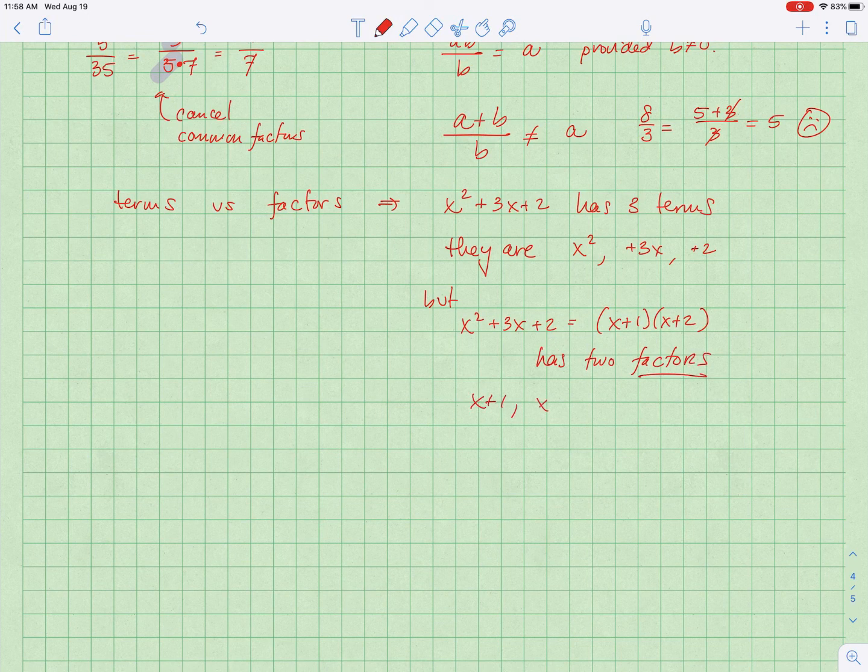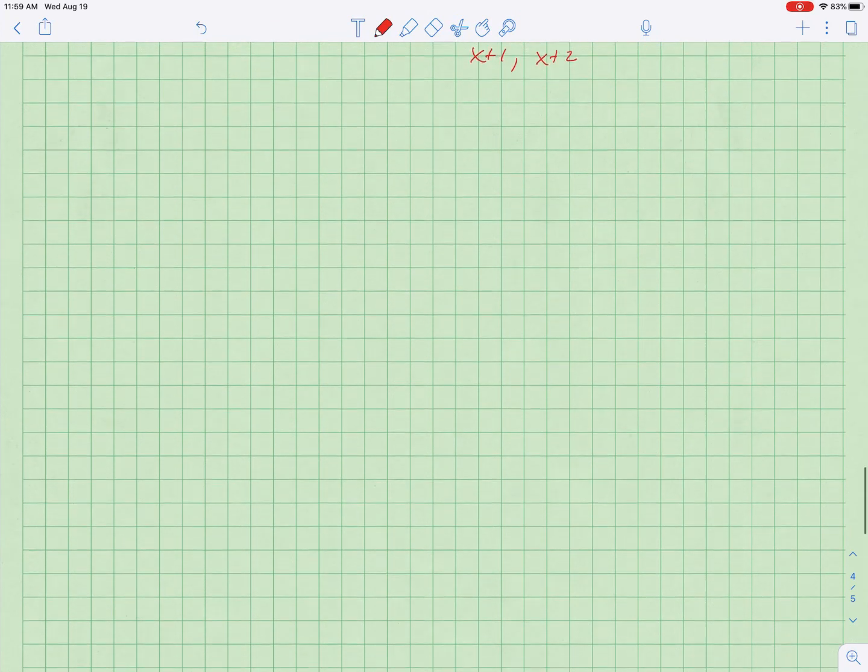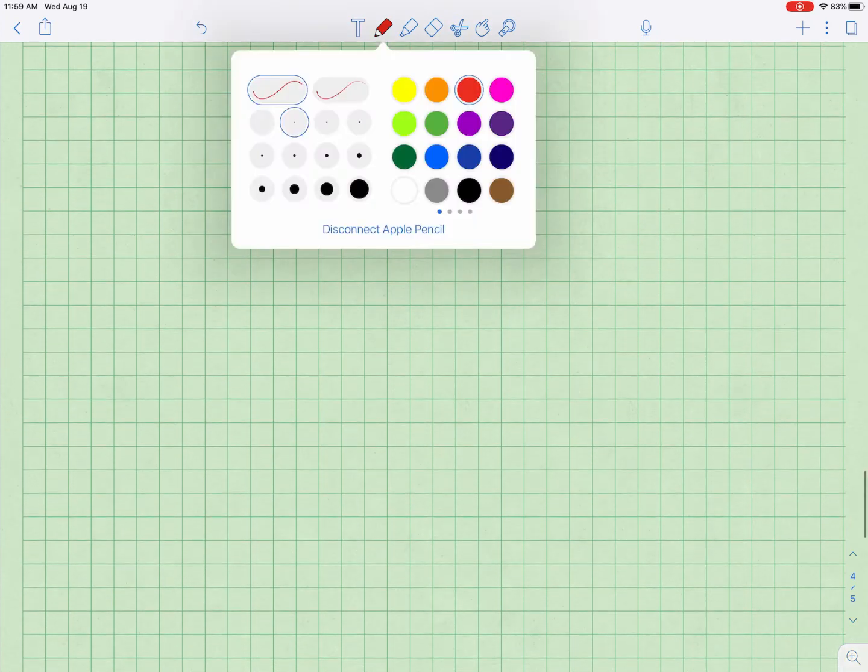They are x plus 1 and x plus 2. So we can cancel common factors. We do not cancel common terms, which is what's going on up here. Common terms versus common factors. It's kind of hard to read. Let me rewrite that. Common factors. So be careful.